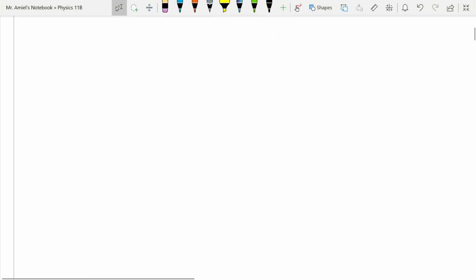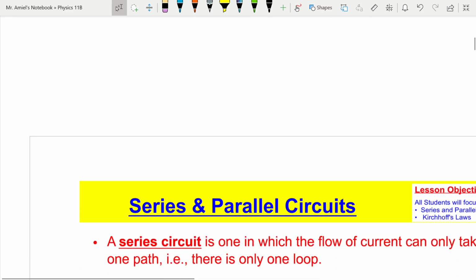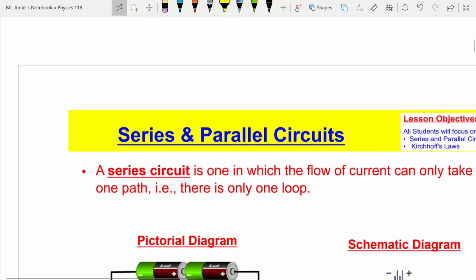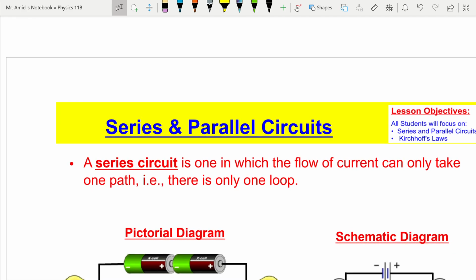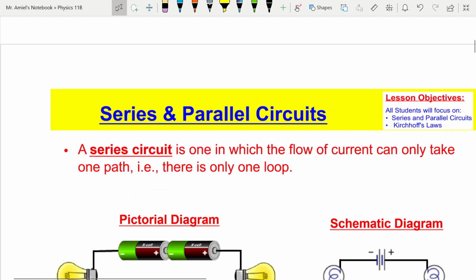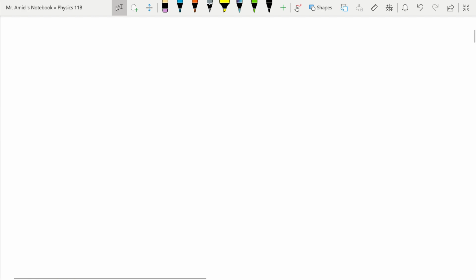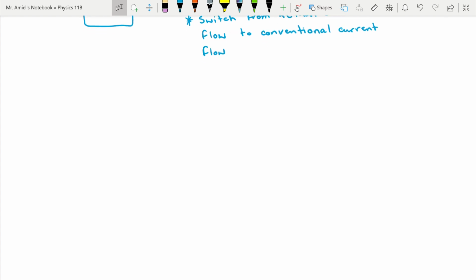Okay, so let's clear up a little bit of circuit jargon first. Before we even get into talking about series and parallel, we will talk about a little bit of extra information. First of all, let's talk about circuit components.